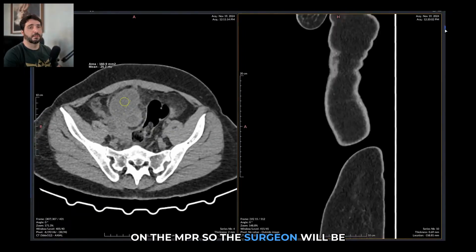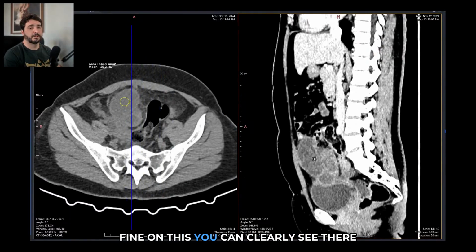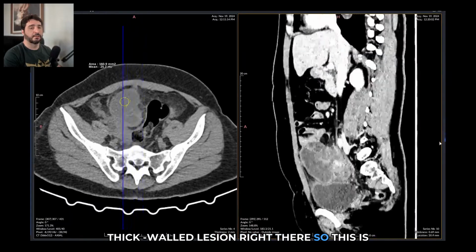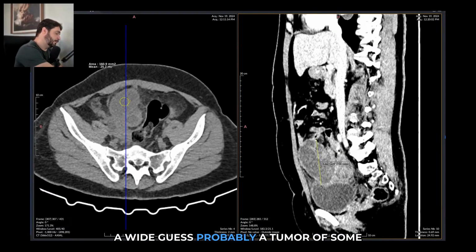So the surgeon will be fine. On this, you can clearly see there is a solid part and a multiloculated thick-walled lesion right there. So this is probably of ovarian origin. If I would take a wide guess, probably a tumor of some sort.